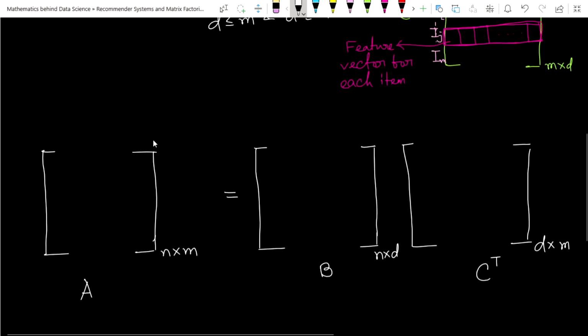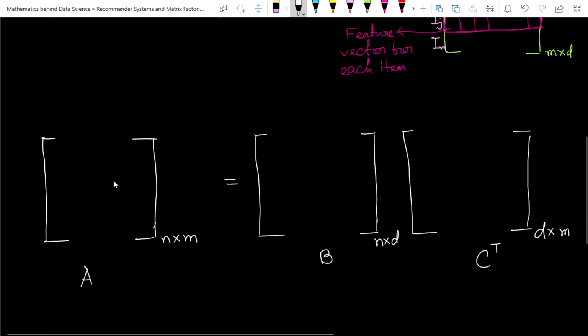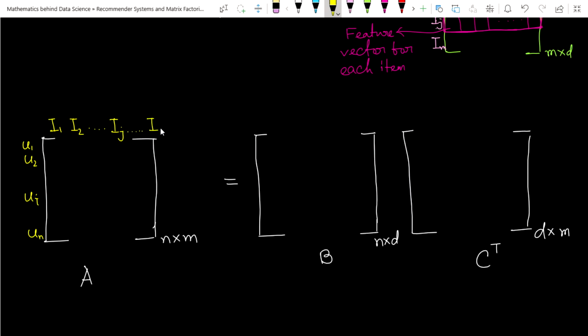Now let's take any element here. How to find this element? We can write these things for users U1, U2, for any element Ui up to Un. These can be written as items I1, I2, for any element Ij up to Im.